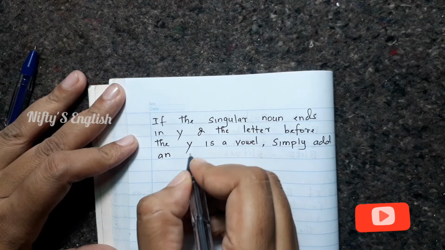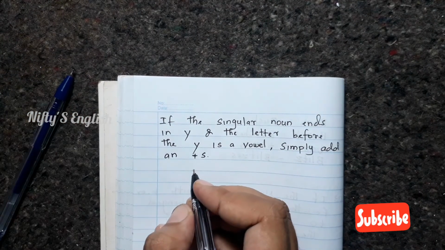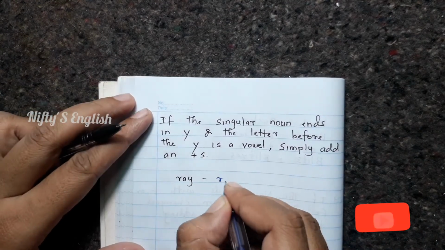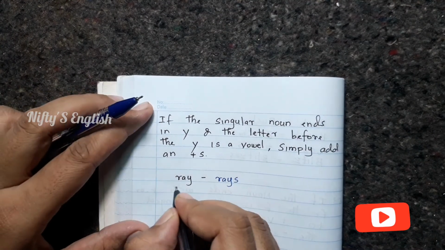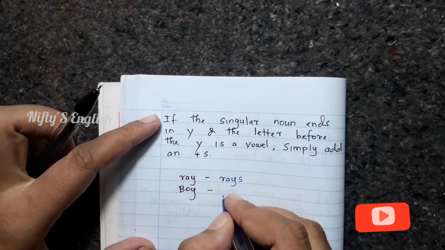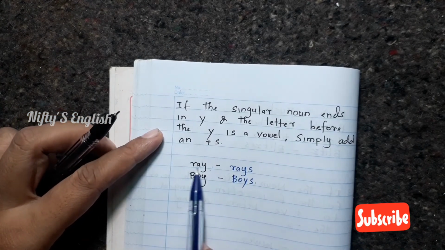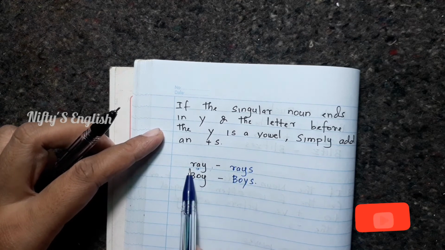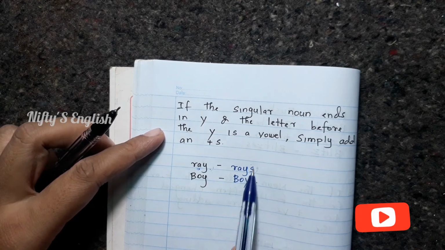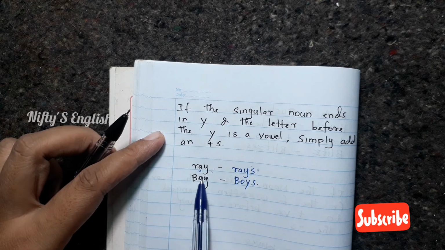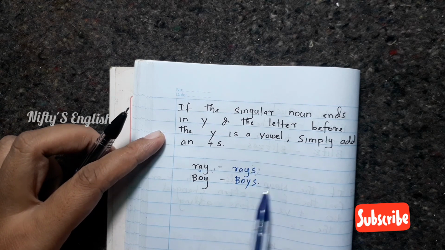Okay, for example, ray, rays, because the ending letter is y, but the letter before it is a vowel, A. Second one is boy, the ending letter is y, but before it is the vowel o, so simply add the s.